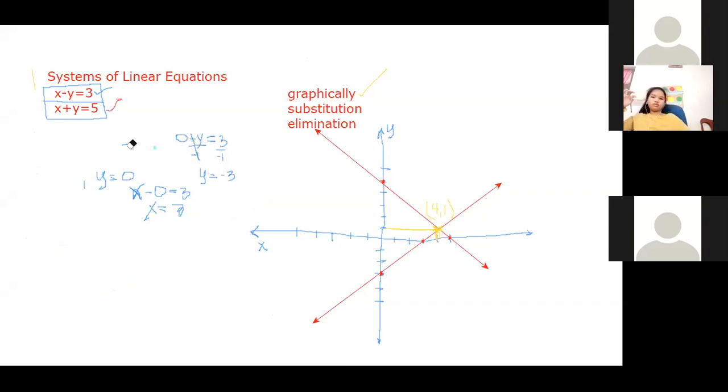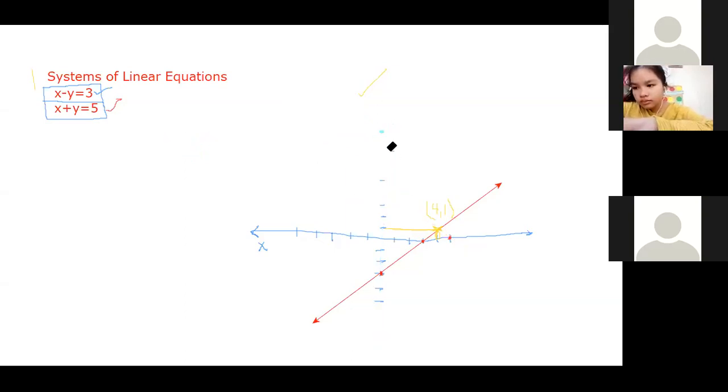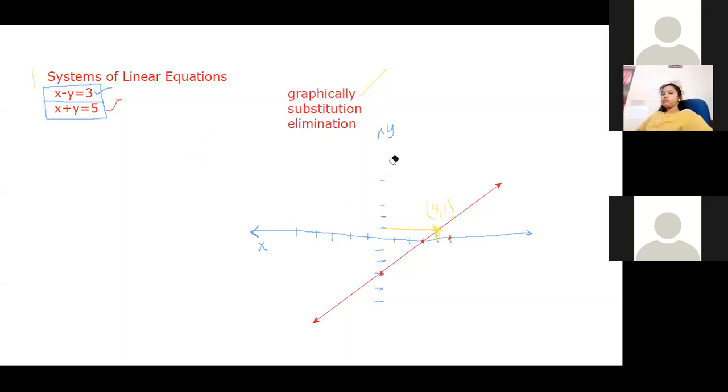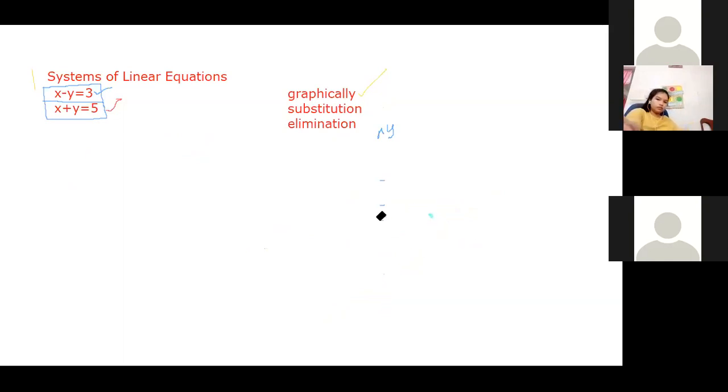The same problem ng gamitin natin. Oops, na-delete. Teka lang, balik ko lang ha. Gamitin ko ha ang substitution method kanina.